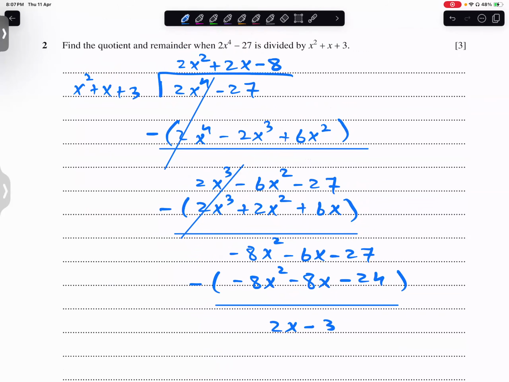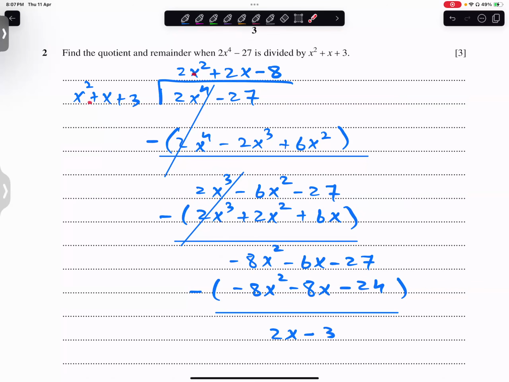Let me see where I made a mistake. Student, here we have made a mistake. This was plus 2x^3, okay?